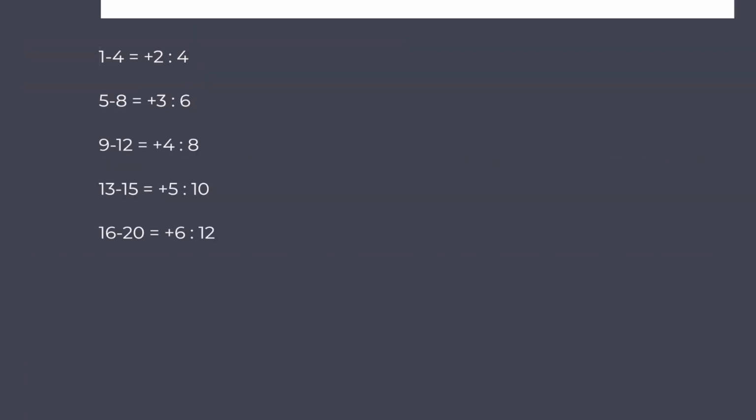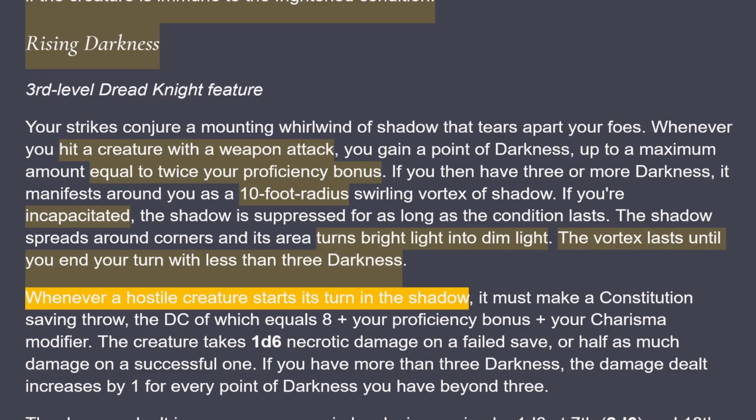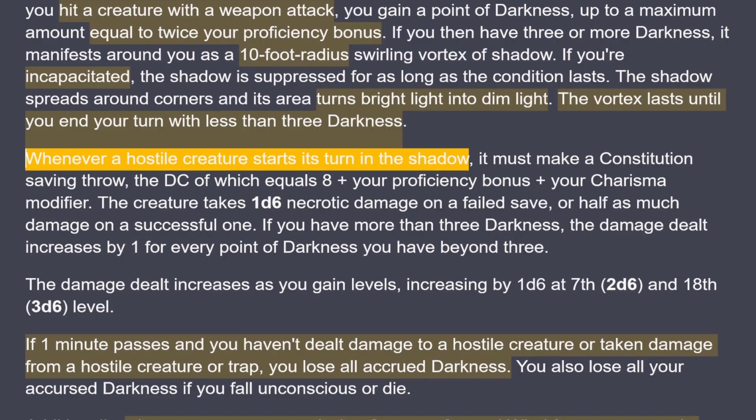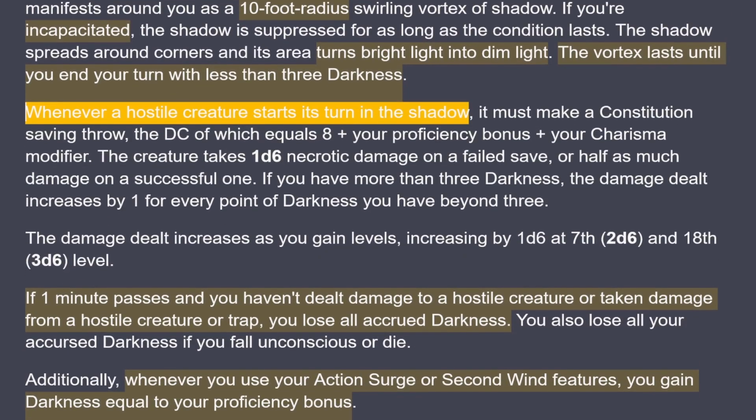When I'm thinking about the balance, I'm maybe getting a little focused on the higher levels and how much potential damage it could be doing, but at your level 9, you could be doing plus 5 and 2d6 necrotic damage essentially for free. And it's half of 2d6, not half of the total. More darkness above 3 is just plus 1 on top of whatever they end up getting for their Con save. Yeah, so that scales really well.